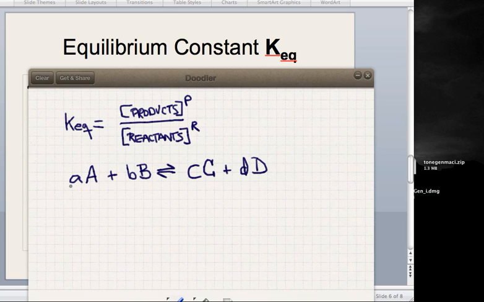I'm going to underline these so you understand these right here are our coefficients.